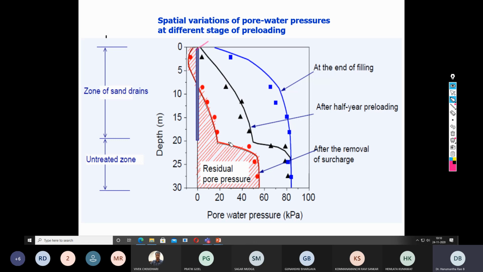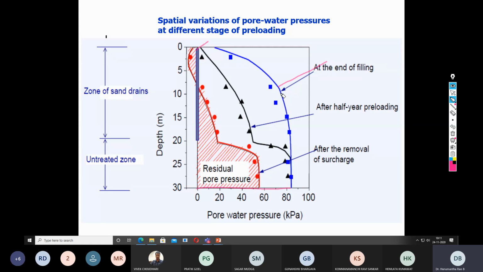So what is happening here is the excess pore water pressure at the end of the filling. We can understand that this is the initial condition of the excess pore water pressure. That means when you apply the load, the whole load is borne only by the water. So this blue line indicates the load borne by water.